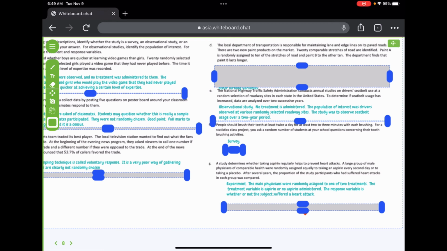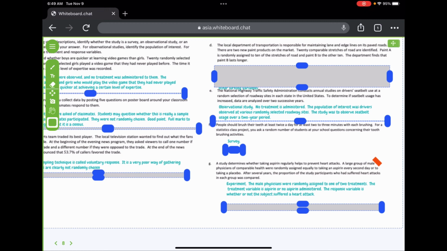Okay? And I don't like that this is a large group of male physicians. Those are two things I don't like about it, is that you chose to do male only and you chose physicians. So that really narrows down what you can say as your experiment.